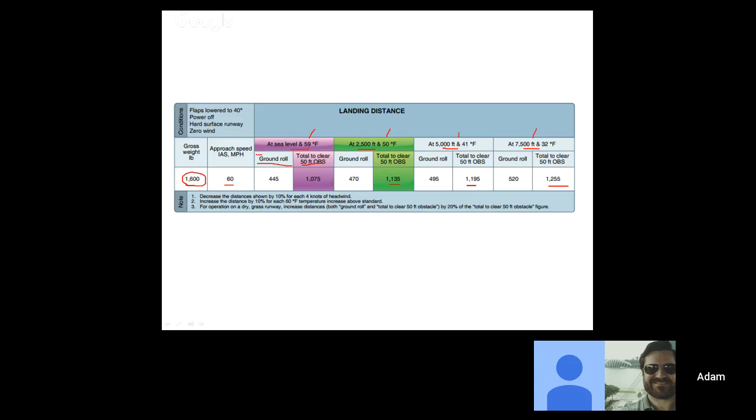And ground roll is the distance that your aircraft will travel after it touches the ground. So once you hit the pavement, that is based on all these assumptions. That is how far you'll travel before your aircraft stops. And total landing distance is assuming that you've got to land over 50-foot obstacles.